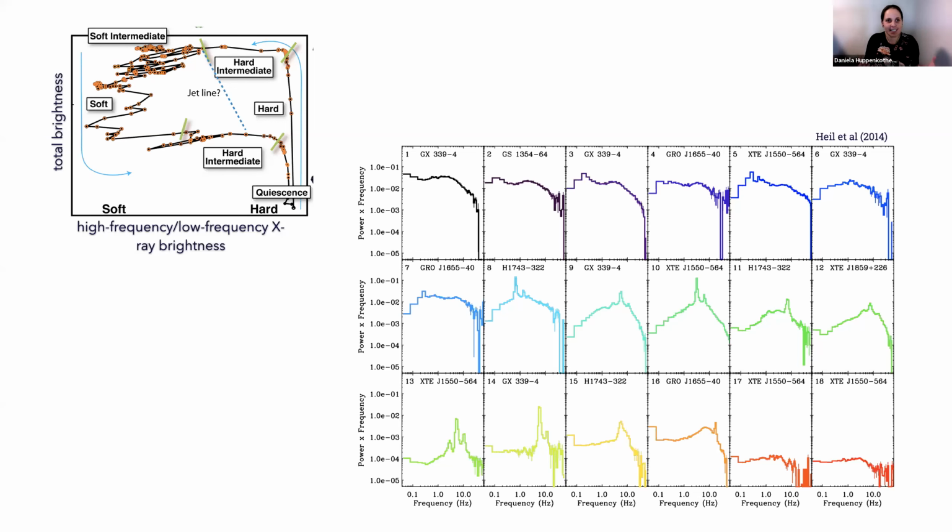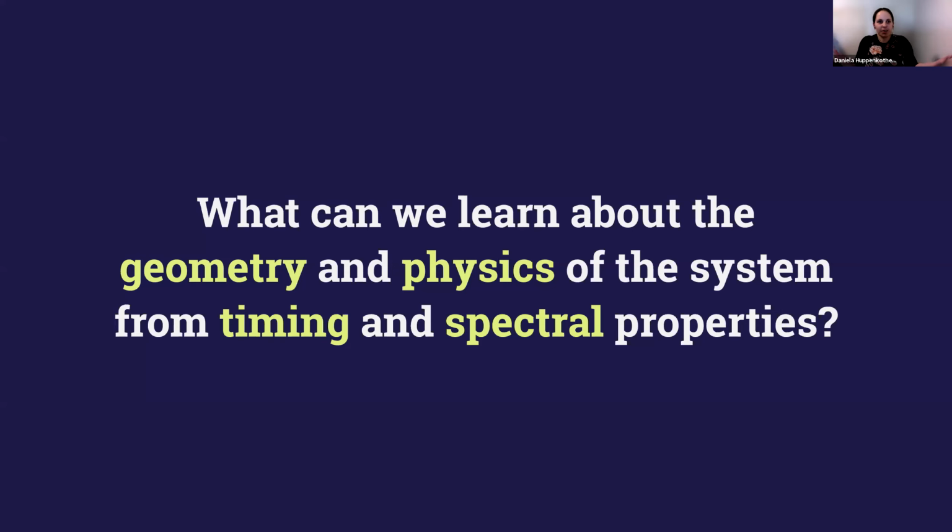So what you can see is it's not just the spectrum that changes, but the variability also changes. And it turns out they change in correlated ways. They change together. And so the big question is how do we put that information together in ways that we can learn about the geometry and the physics from these properties?